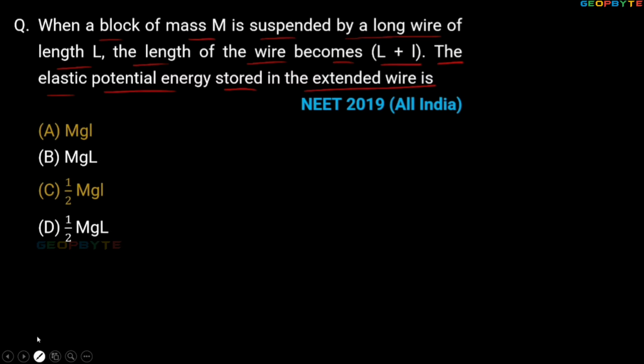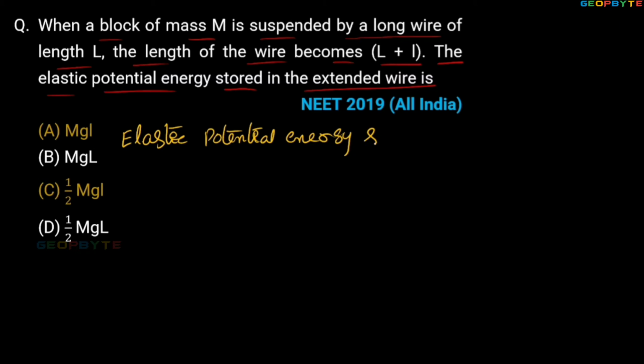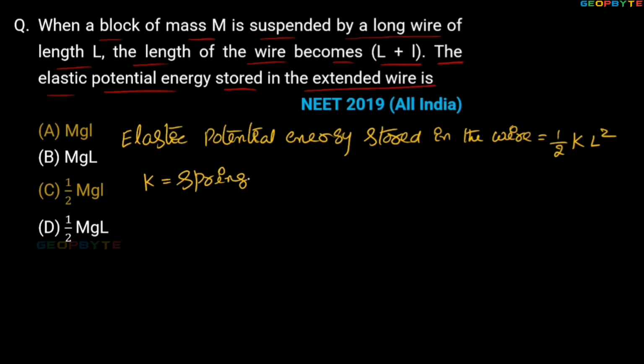You know, elastic potential energy stored in the wire equals half into k into l square, where k is the wire constant, or if it is made as a spring, that k is the spring constant or wire constant.